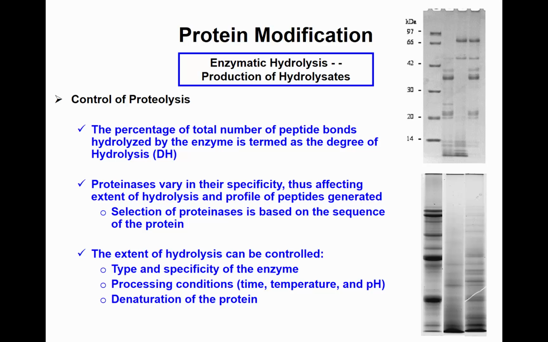So the extent of hydrolysis and the type of peptides generated will be controlled by the type and specificity of the enzyme. Here's an example which I showed you earlier for soy protein. In this lane, for example, they used pepsin enzyme.